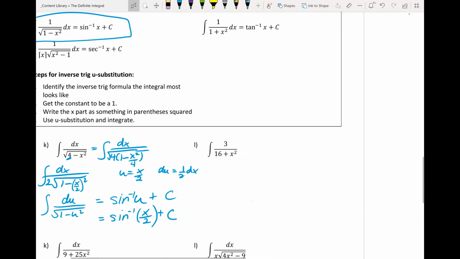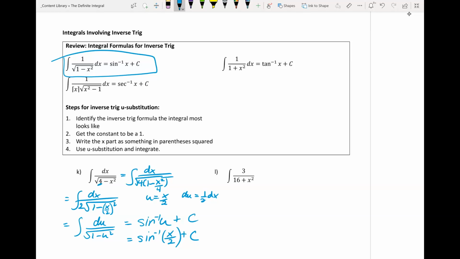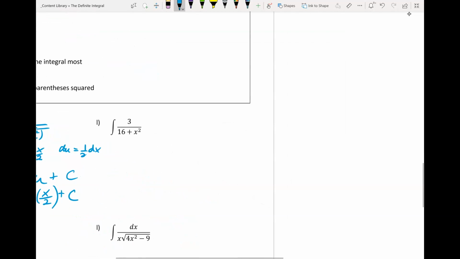This next one, let's see which one this looks like. I think this one's clear, it doesn't have a square root sign, so we're going to use the tan inverse one. The first thing I'm going to do is move the 3 out. Sorry, this is missing a dx. Then we're going to factor out the 16, so I'm left with 1 plus x squared over 16.